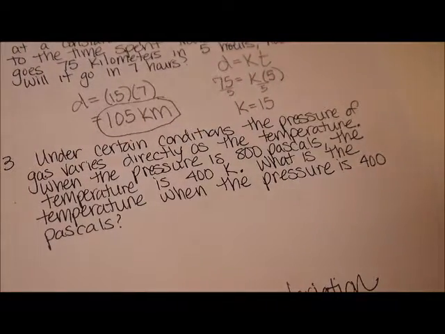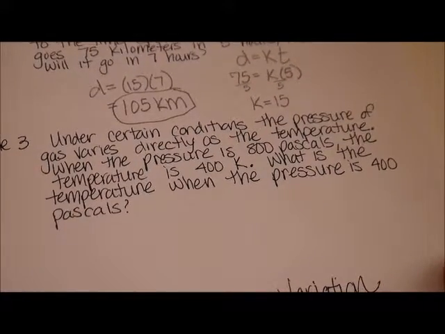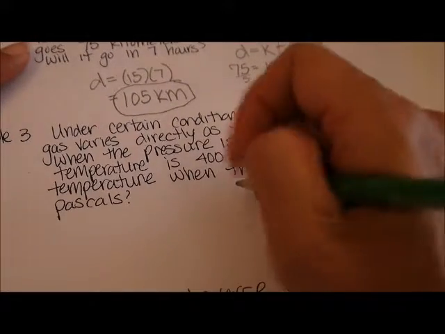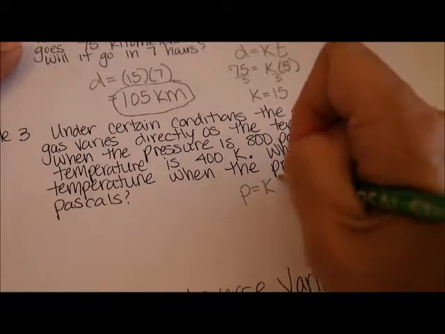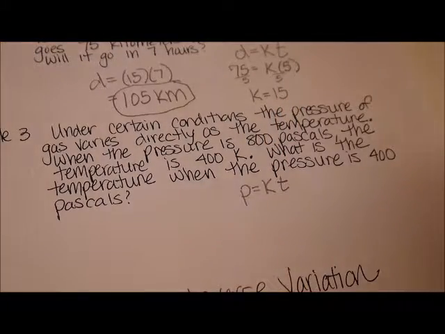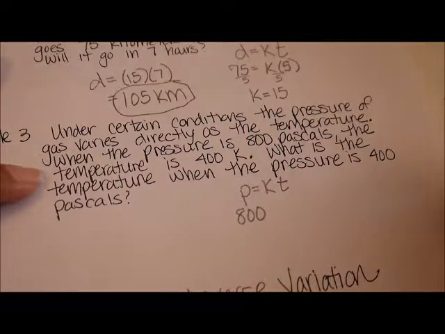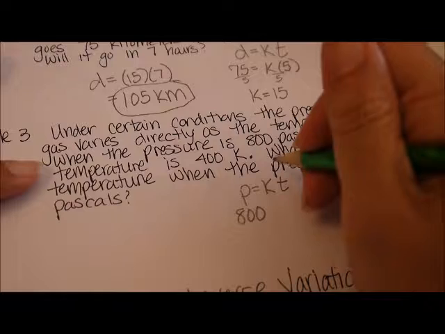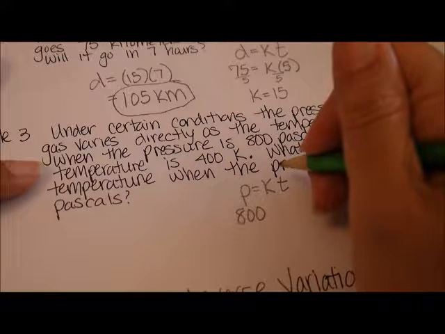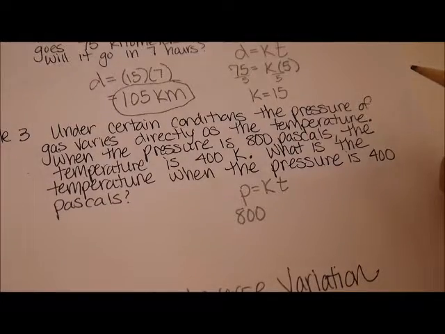Example 3. Under certain conditions, the pressure of gas varies directly. So pressure varies directly as the temperature. So P equals KT. When the pressure is 800 pascals, the temperature is 400 K, which means kelvins, not K as in the constant.